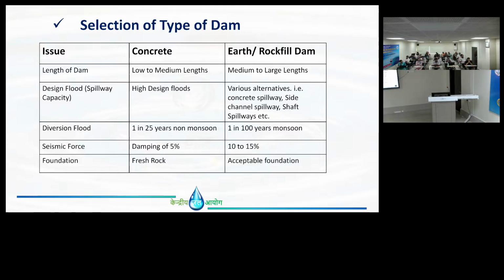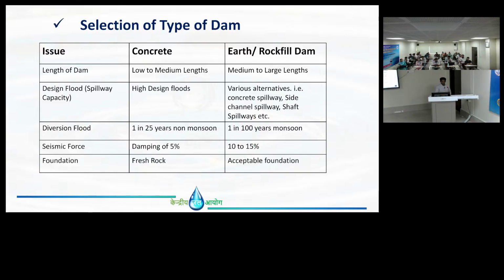In this 200 you cannot have an embankment dam, because the connection between this concrete and this embankment will be a very big problem. So if it is a plain area and the length is let's say kilometers, you can have a central concrete spillway, let's say 300 meters or 200 meters spillway, and still we have so much area, 800 meters, more than kilometers, then we can have embankment. That's how you can plan.